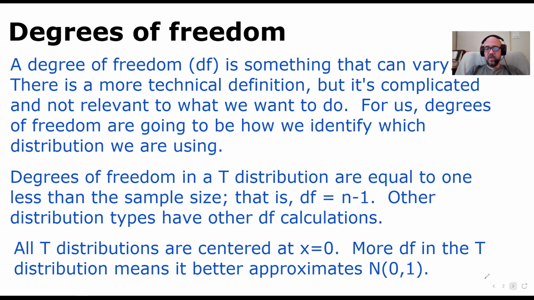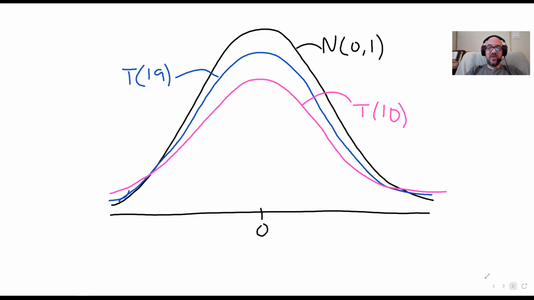So I've got a little, obviously not precision drawing here, but if this black distribution is N(0,1), then T with 19 degrees of freedom is going to look a little bit closer to N(0,1) than T with 10 degrees of freedom. That's all this is getting at. These are obviously not anywhere near to scale. T distributions actually approximate N(0,1) much more closely than I've drawn them. They're not really this far away. I just drew it that way so that you could sort of see what I was getting at, which is more degrees of freedom mean better approximation.